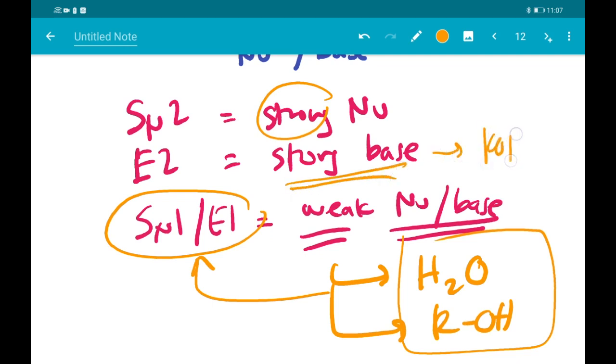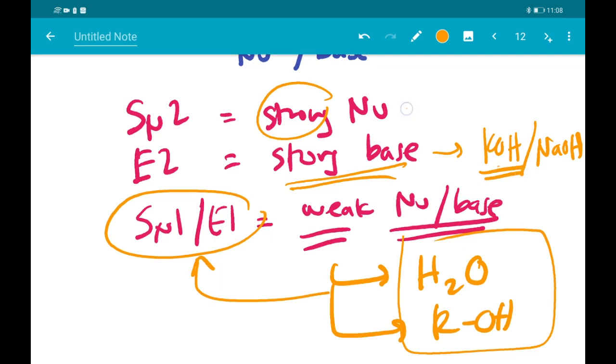Strong base such as potassium hydroxide, sodium hydroxide, and any of the strong bases that you are familiar with. Okay, sometimes the base can also act as the nucleophile.